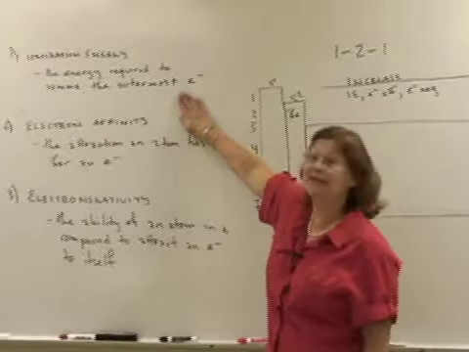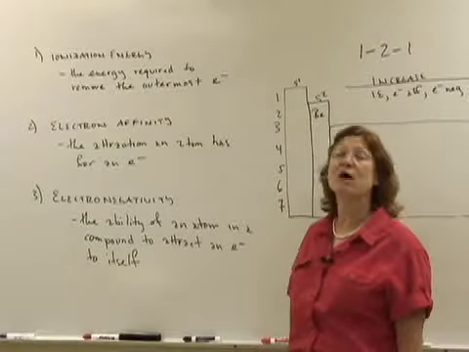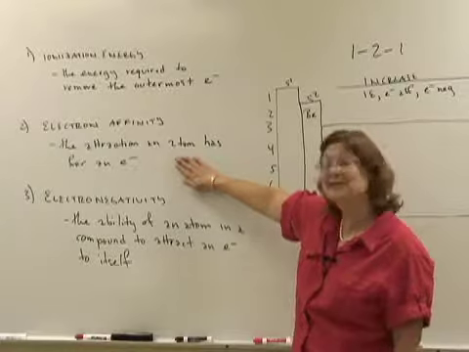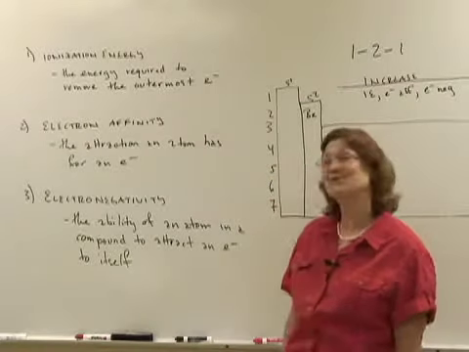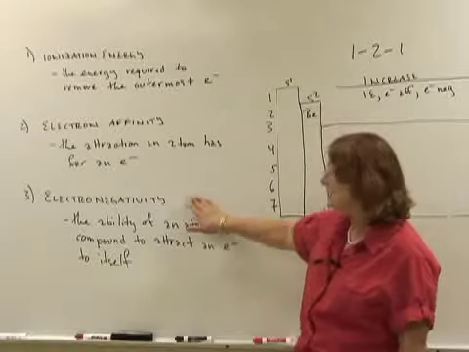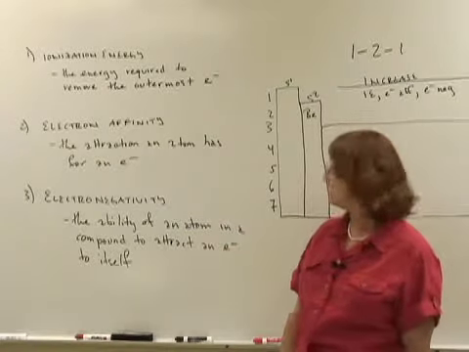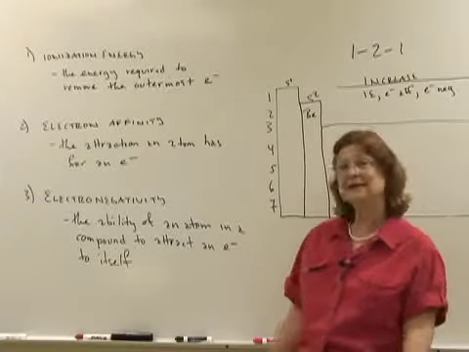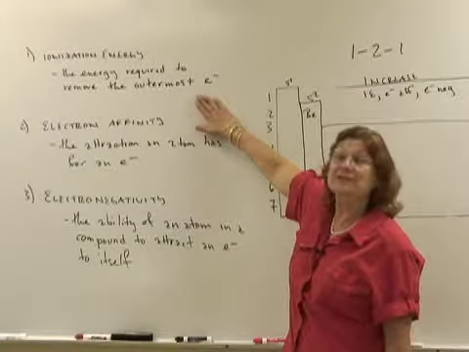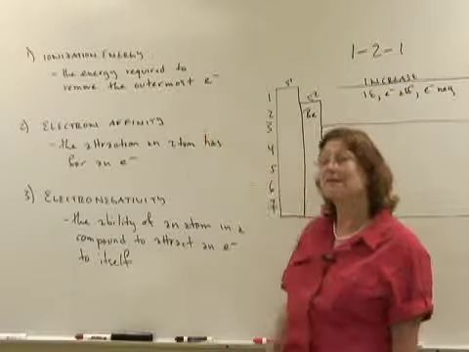Ionization energy is the energy required to remove the outermost electron from an atom. Electron affinity is the attraction an atom has for an electron, and I have an affinity for chocolate. And electronegativity is the ability of an atom in a compound to attract an electron to itself. These first 2 are experimentally determined numbers.